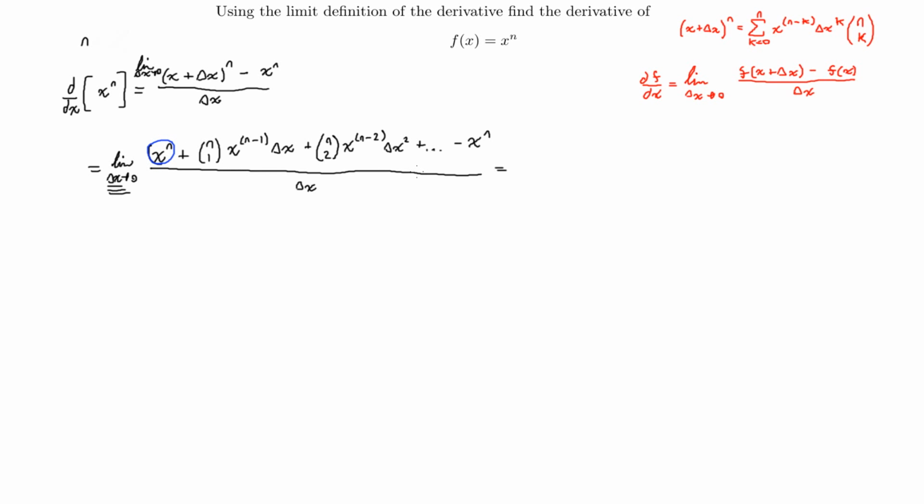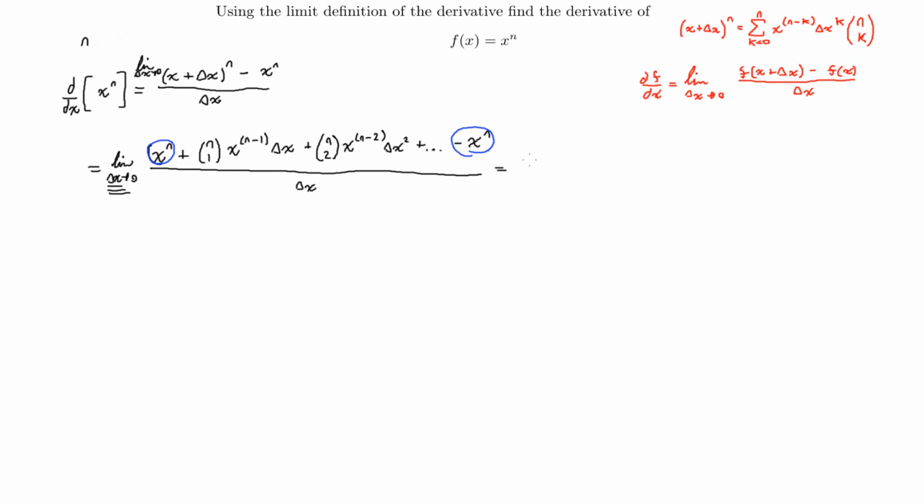First thing you'll notice is that this x to the n and this minus x to the n cancel out. Let's also divide by delta x.